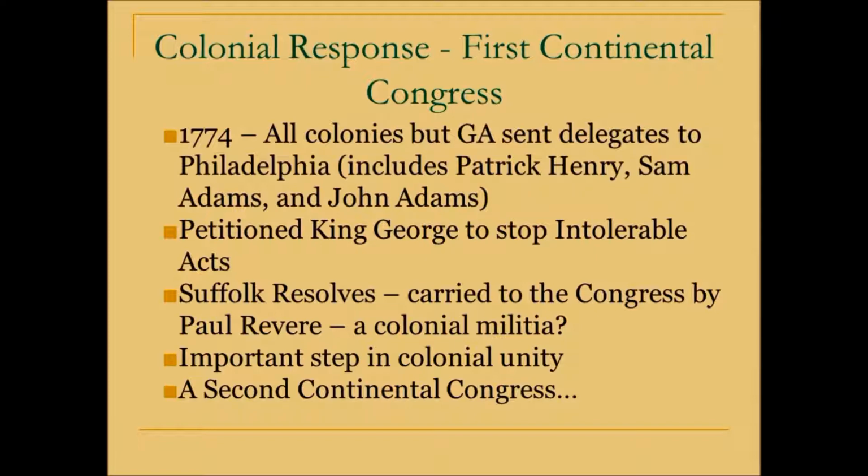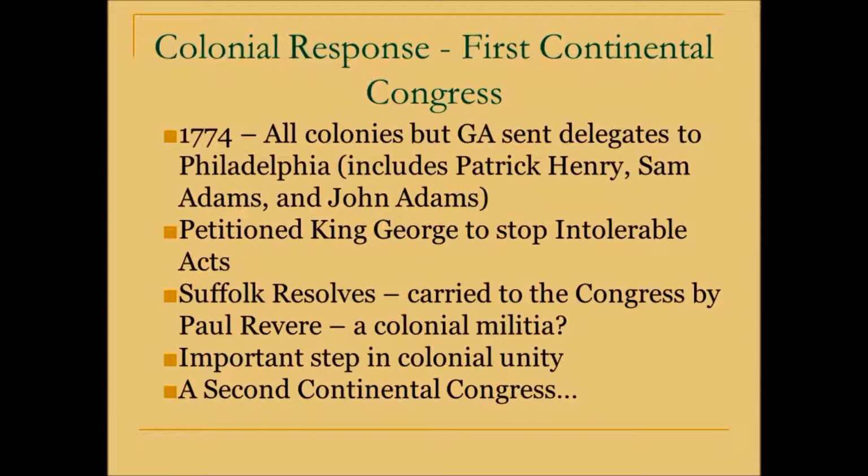Now, at the same time, a group got together in a town called Suffolk, Massachusetts. This is the same time that the First Continental Congress is meeting. And because they met in the town of Suffolk, they wrote a paper called the Suffolk Resolves. And basically, they were asking the question, should we raise a colonial militia to go against King George and against England?